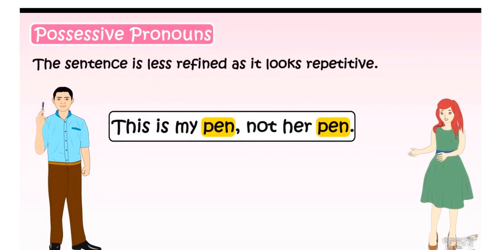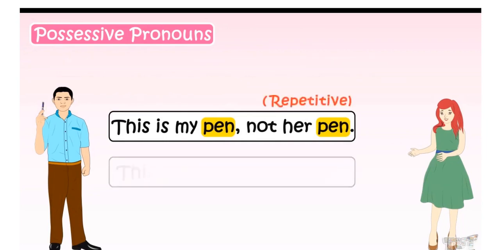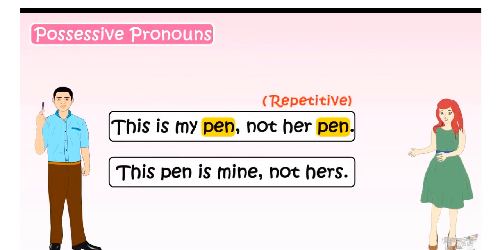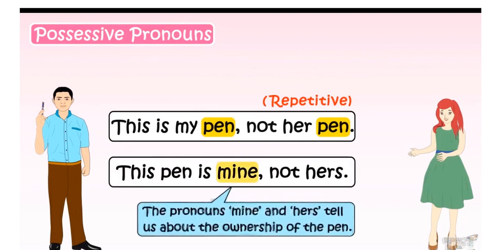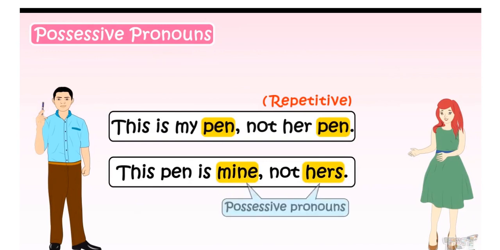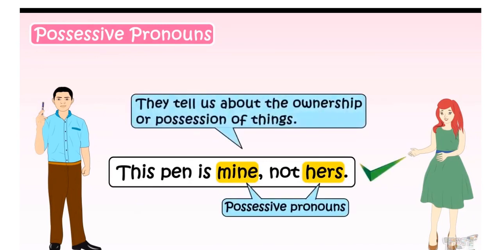So, to avoid this kind of repetition, we use pronouns like this: this pen is mine, not hers. The pronouns mine and hers tell us about the ownership of the pen. These pronouns are called possessive pronouns, as they tell us about the ownership and possession of things.